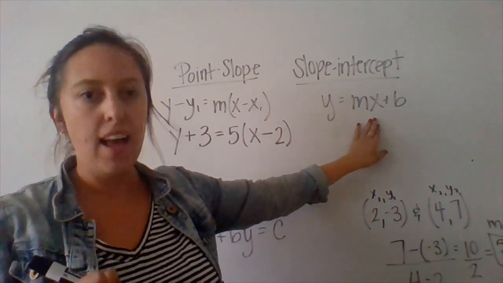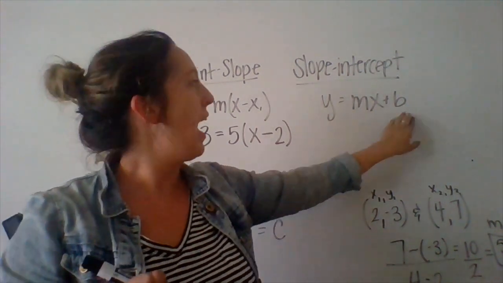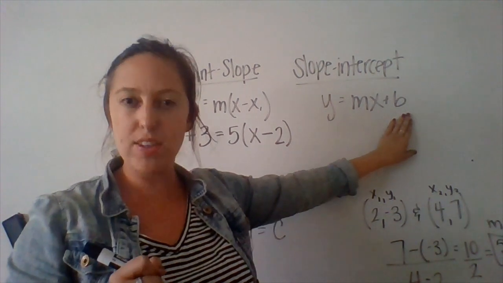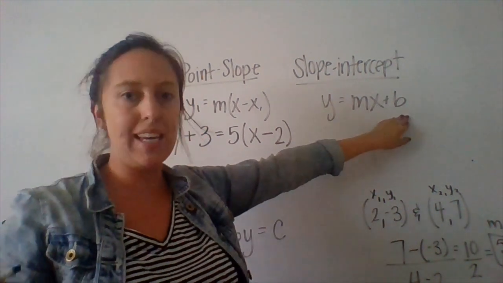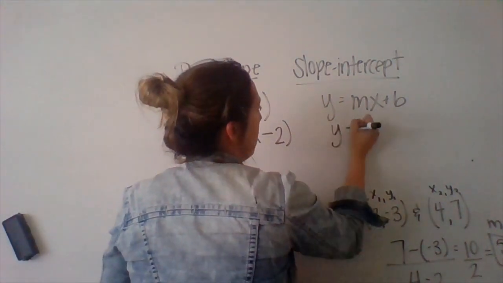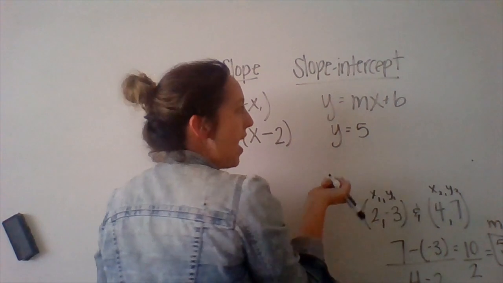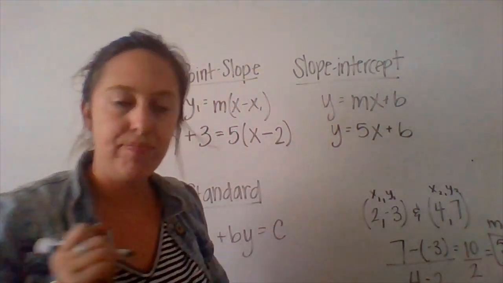Moving over here, I have my m, my y and my x are going to stay the same. I need to find my b. Okay, so this is going to kind of lead into what we do next, which is finding x and y intercepts, because b is my y intercept. So we have y equals 5x, and I'm going to need to find b.